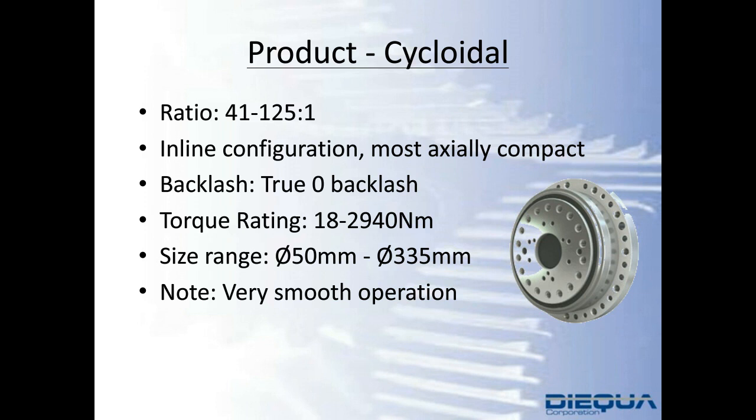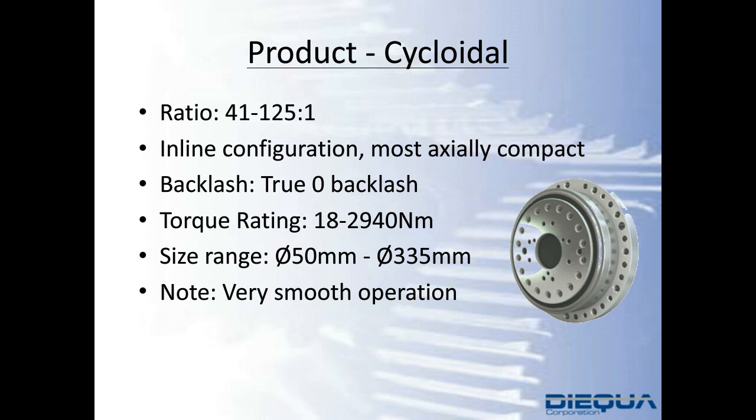And what this does is it's always in positive connection. So in case of a jam, you're not going to have the loss of the load. And you're also able to have a very high torque dense solution. So very compact axially for the size, with the highest torque capacities.